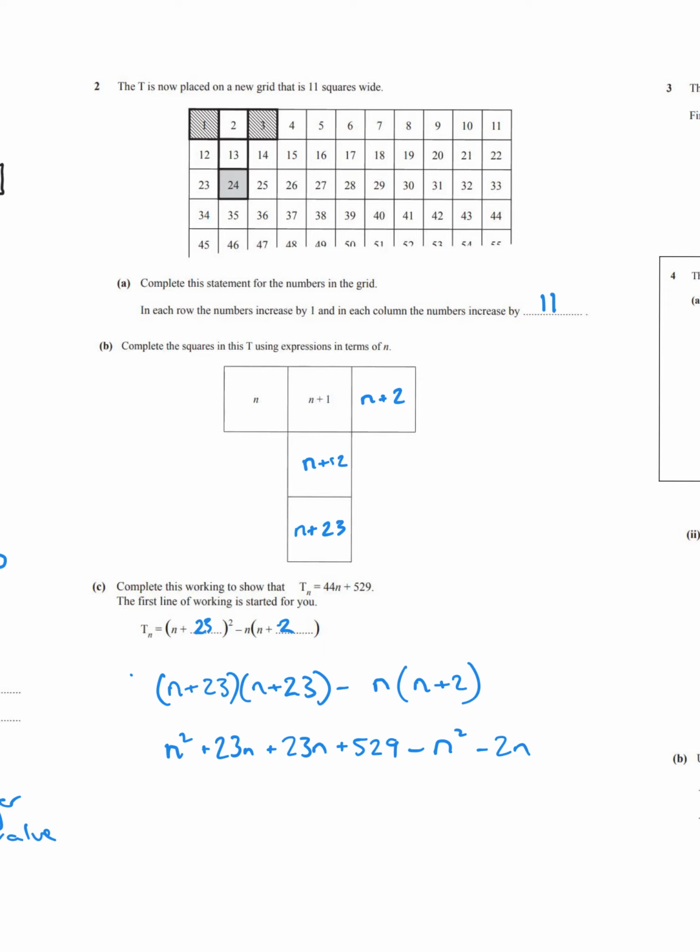So, first thing I'm noticing, I've got an n squared and a negative n squared, so they're going to cancel, disappear in a puff of maths.